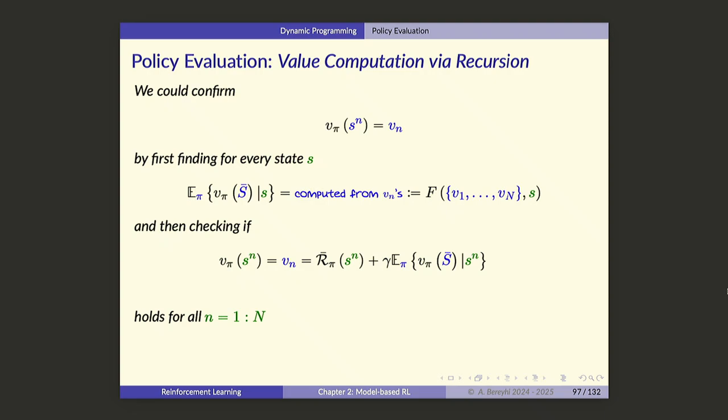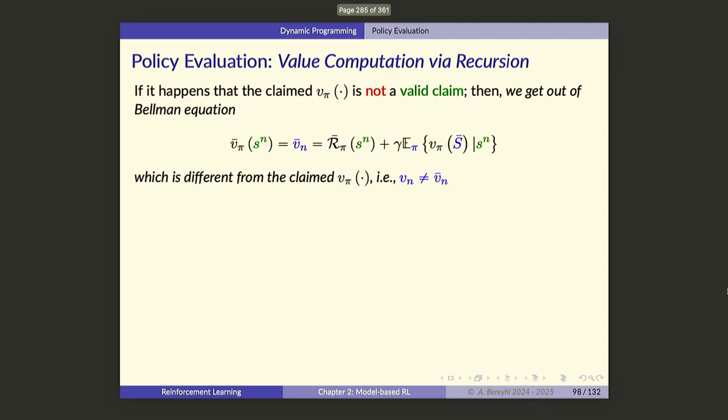Questions? No question? Okay. So if you have no questions, this is going to be the policy evaluation algorithm. Each time you put your values inside this, you're going to get a new value, say v bar, and this v bar is usually not the same thing as Vn.